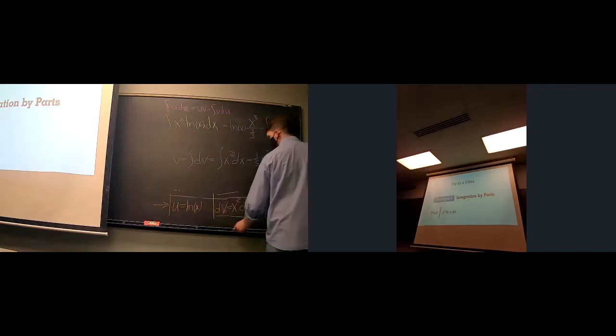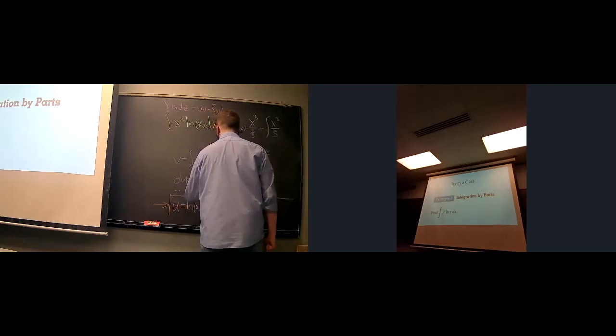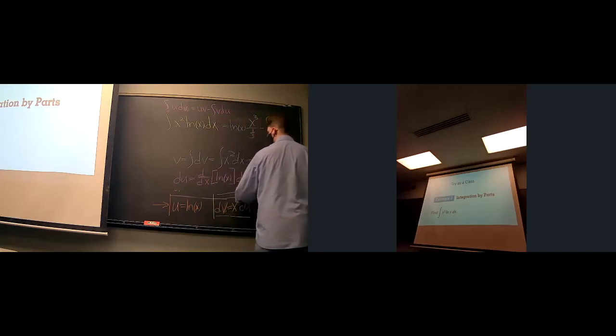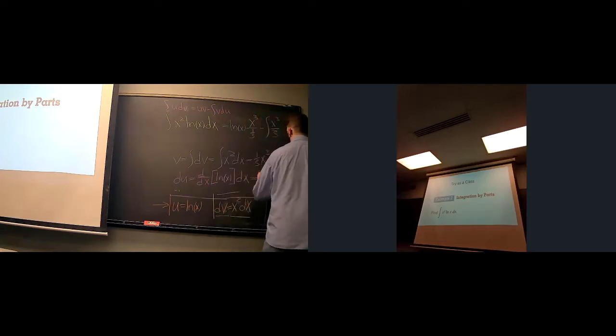Minus the integral of v, again, x to the third over 3. Coming back to our u, u here is the ln of x, so du is going to be the derivative of the ln of x times dx, or dx over x. So now we're going to plug that in up here.